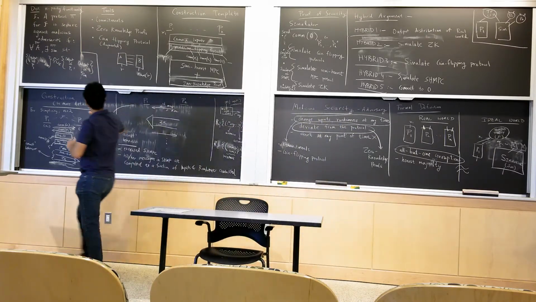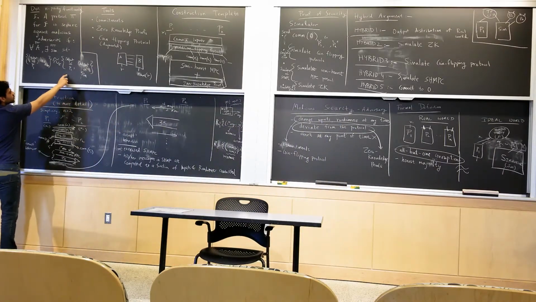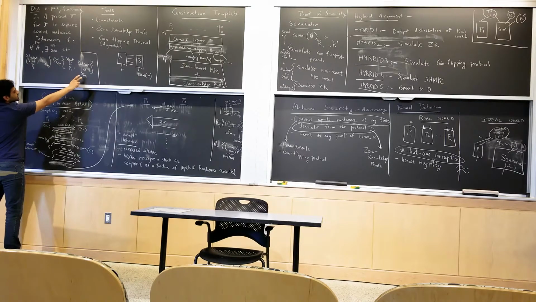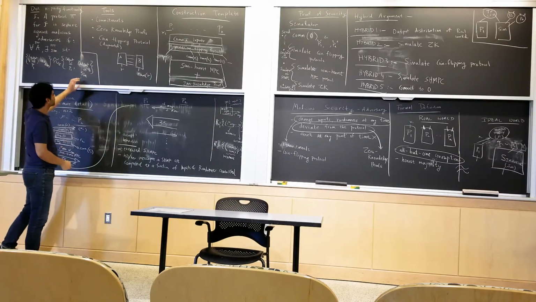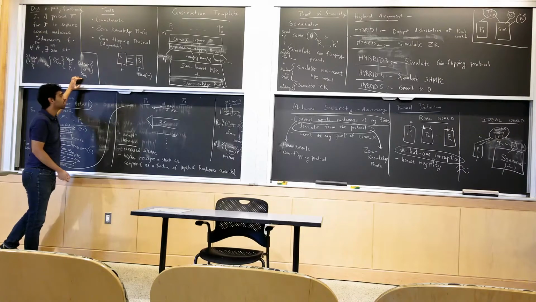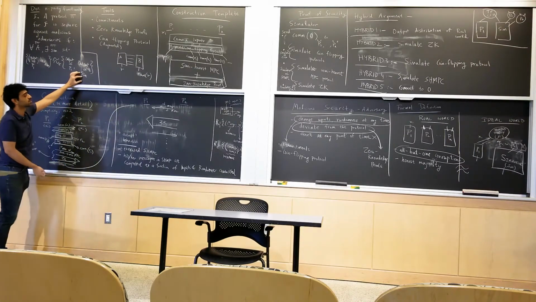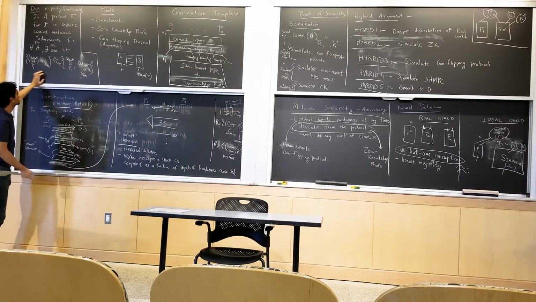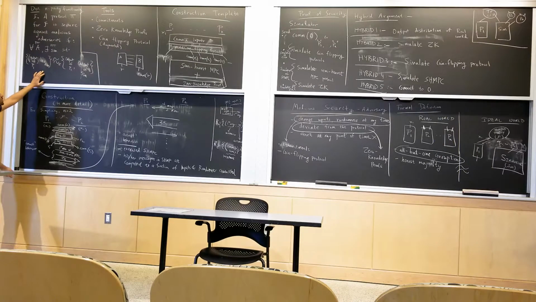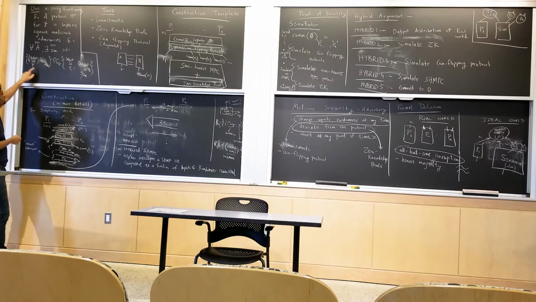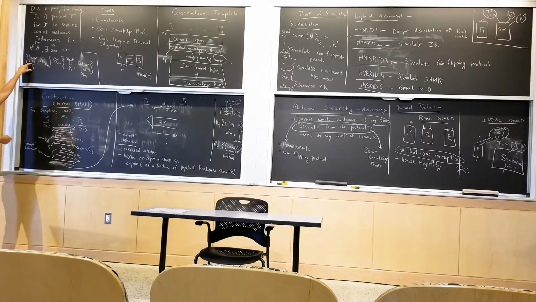Good. So here the view of the simulator would now be the output of the function where the first party's input is 0. But the output of the adversary would be the output of the function with the first party's input as x1.